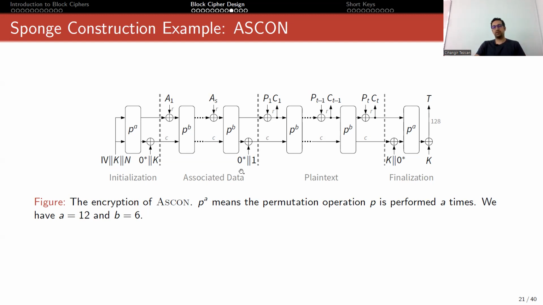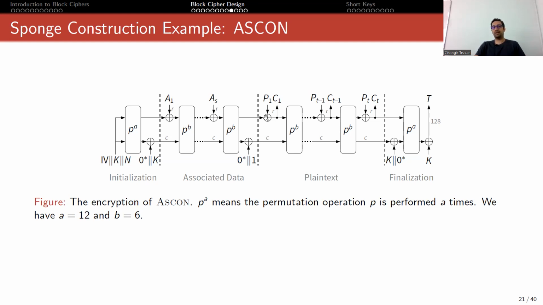This is an optional part. So now assume that you want to produce ciphertext, right? You want to encrypt something. So you take your plain text, for instance, in this case, 64 bits. You have a 320-bit internal state, which is a lot larger than the plain text here. So actually, you take the plain text and XOR it with the top part of this internal state, just 64 bits. And the result is produced as ciphertext, right?